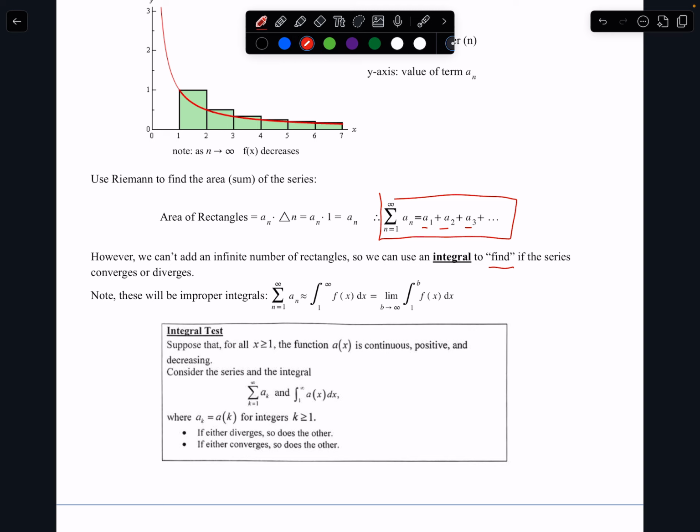In other words, our series approximates this improper integral right here. Now, because it's improper, remember, we have a no-no up there. We can't let our bound go to infinity, so we're going to use limits instead. Let b go to infinity instead.